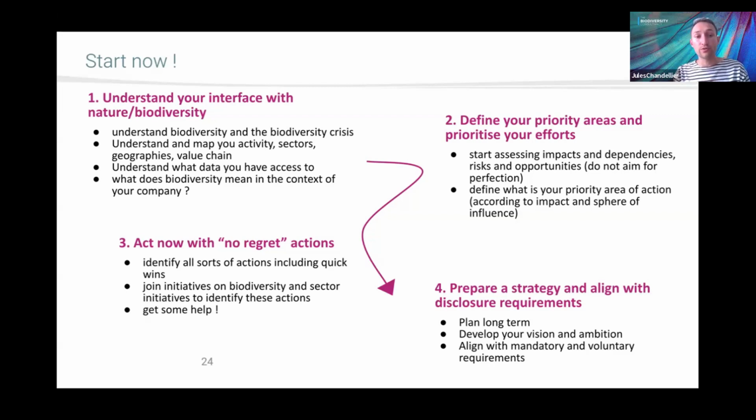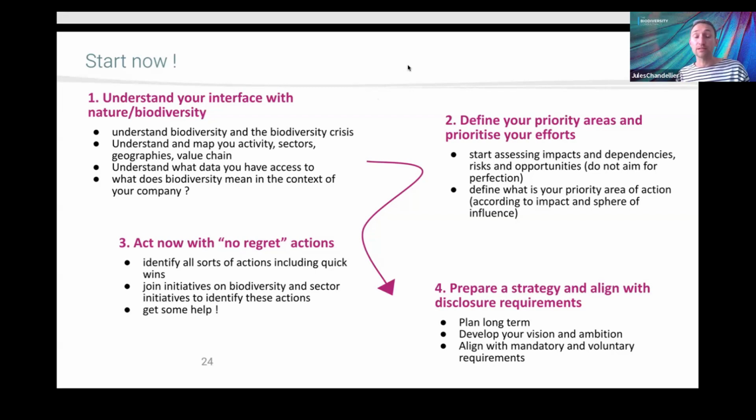Another point in the no regret action is, of course, to look for geographic initiatives or sectoral initiatives where people are talking about biodiversity, and make some partnerships, join some webinars to start talking about biodiversity within your geography or your sector, because maybe some of your peers have already started doing things, and you can get ideas of how to act quickly and quite easily.